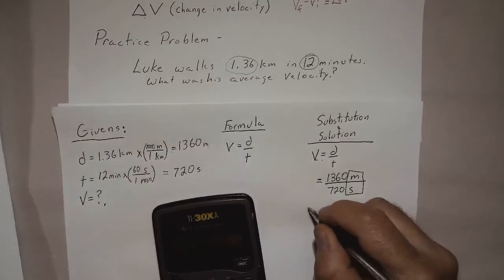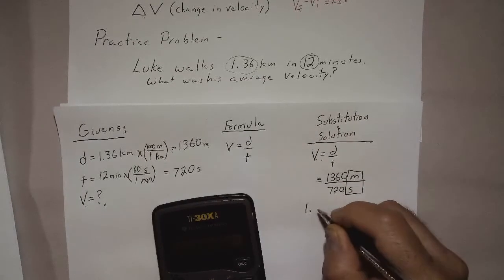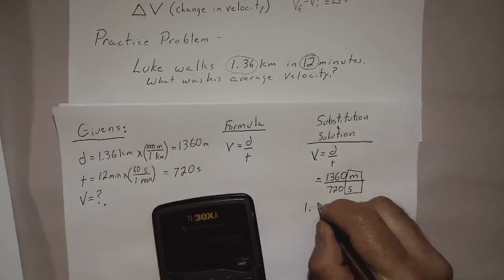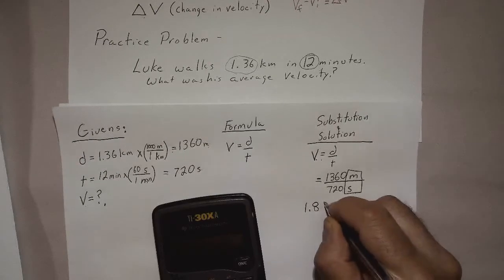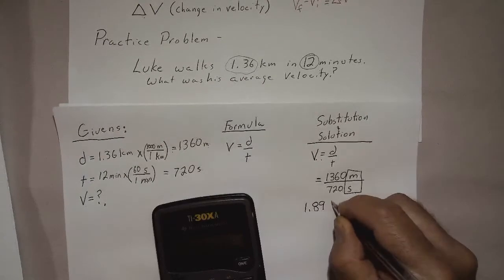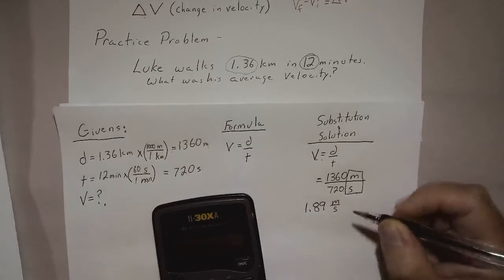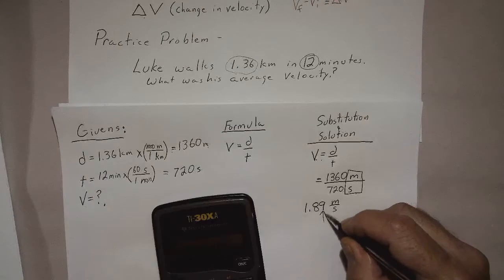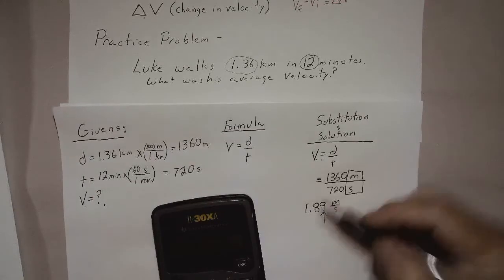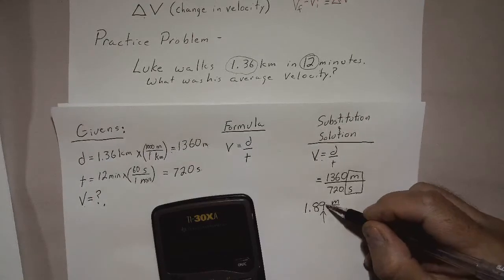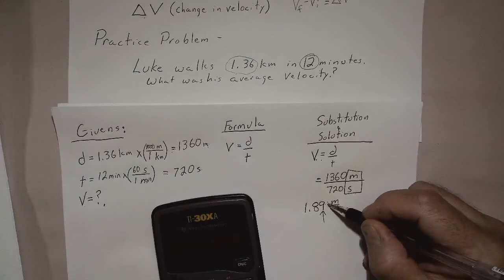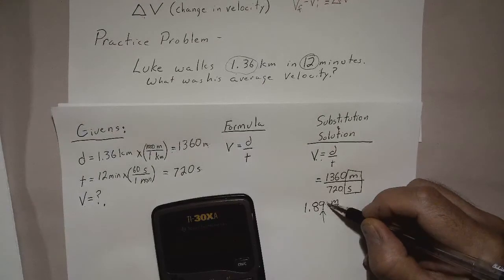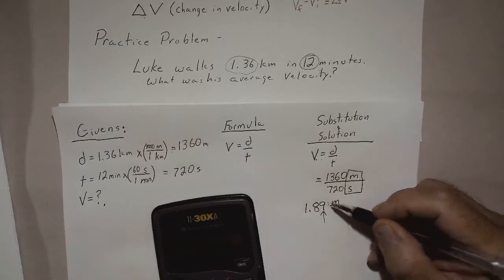So we would answer 1.89 meters per second. And understanding this number, we know that this last digit is vague. It's uncertain. Well, what if we were to put another number following it? That would simply be crazy, so we never do that.